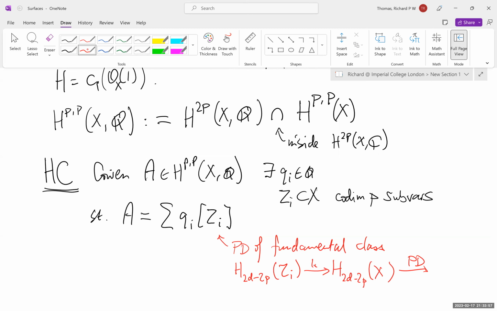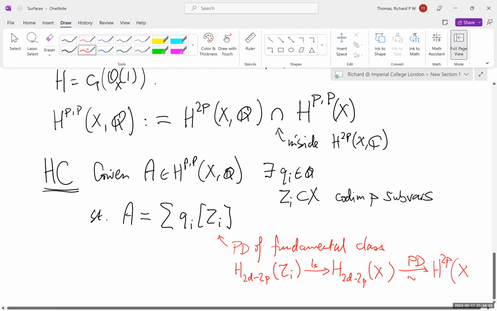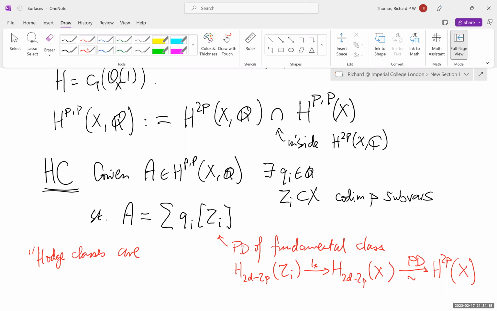This is push forward, this is Poincare duality, and this is H^{2p} of X. Okay. So all these Hodge classes, that's the A, are algebraic. That's the Z's. So they're a linear combination of Z's, of subvarieties.